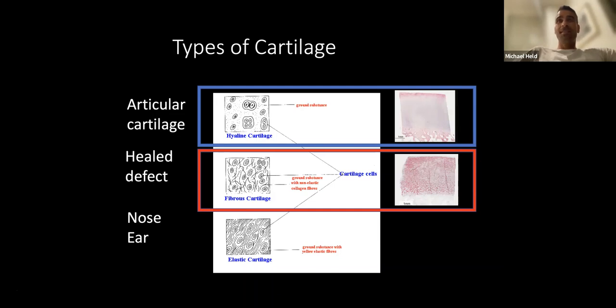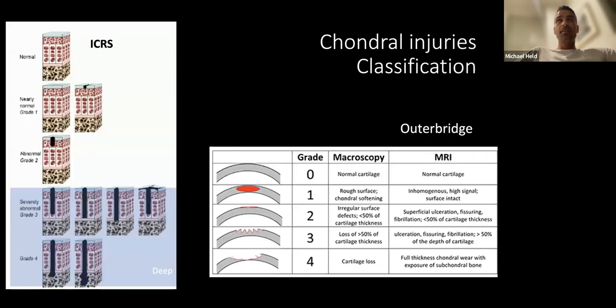So it's a compromise. Unfortunately, in South Africa, fibrocartilage is really the only option for us to repair cartilage. One of the main options.